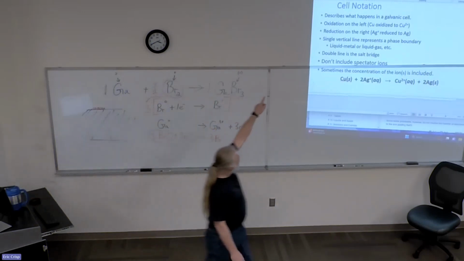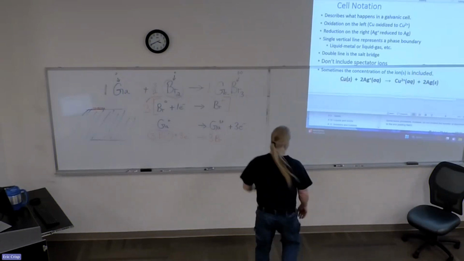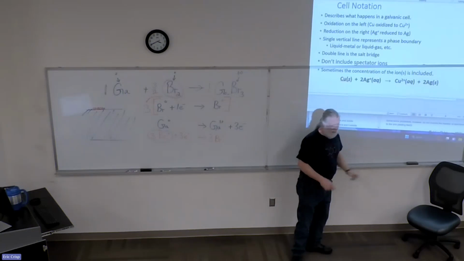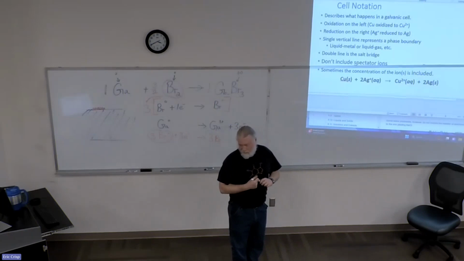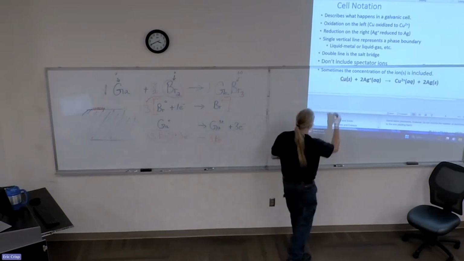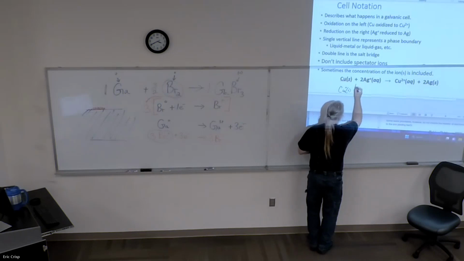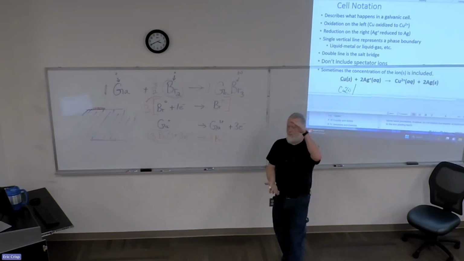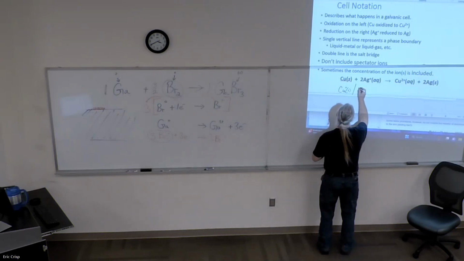This is called cell notation, right? What you're normally going to see in a textbook is they're not going to draw the cell every time, especially in upper level classes. They'll just use what I'm doing, a solid vertical line to separate what we call phases and states.